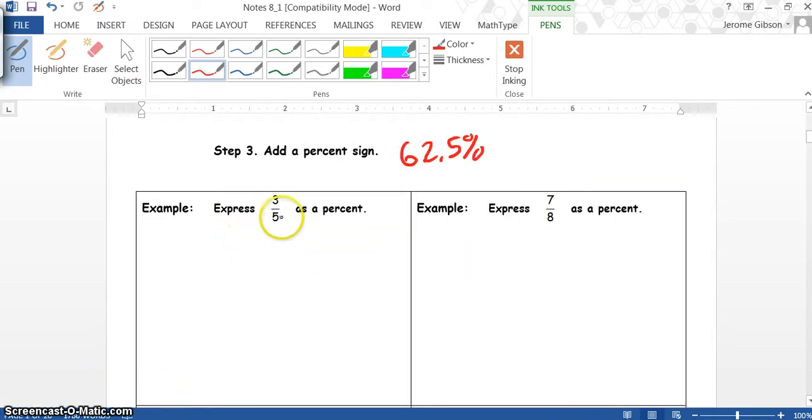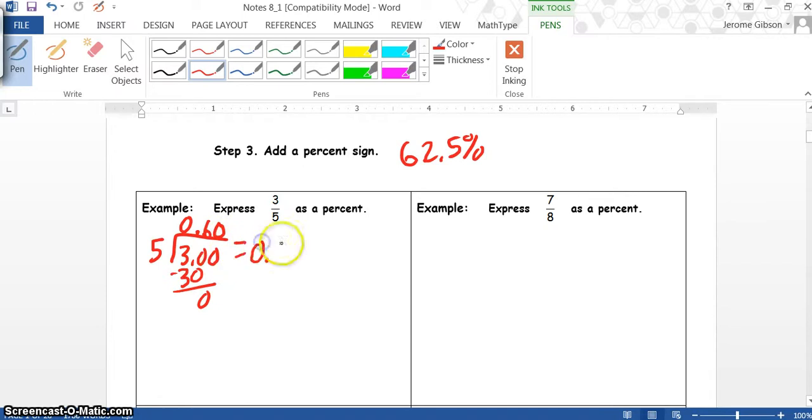Now we come to our next example. We want 3/5 as a percent. So we follow the steps. First we divide the denominator into the numerator. 5 goes into 3 0 times. 5 goes into 30 6 times. 6 times 5 is 30. And we have 0, so we could put a 0 here.